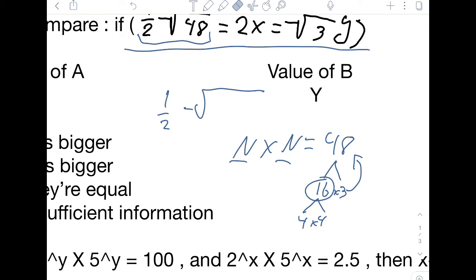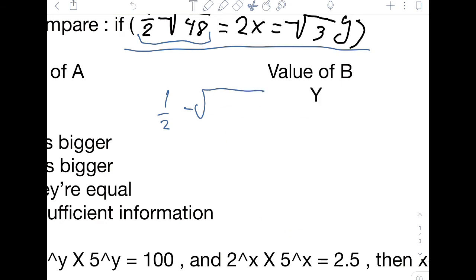Thus, from all of this mess, 48 is equal to 16 multiplied by 3. So how can we simplify this even more? We still have the half square root, and it's being multiplied by the square root of 16 multiplied by the square root of 3.